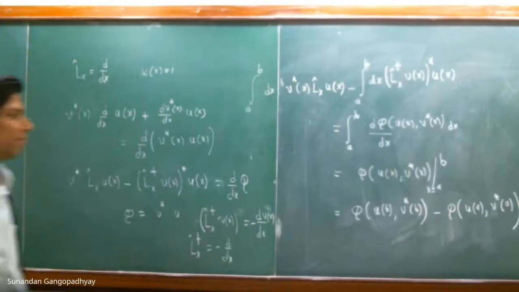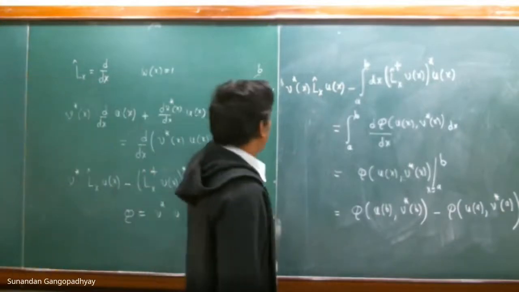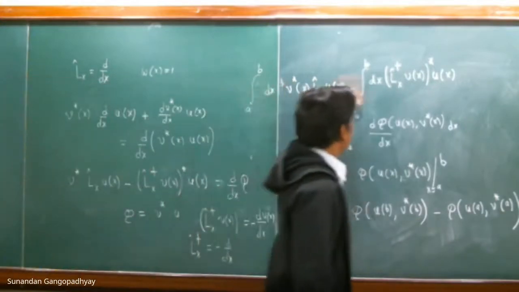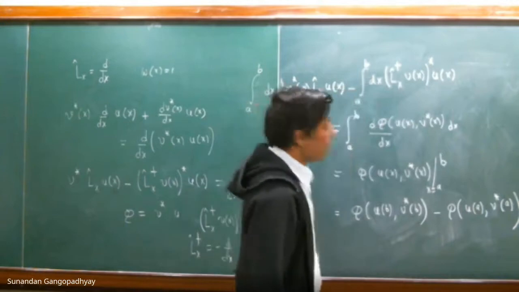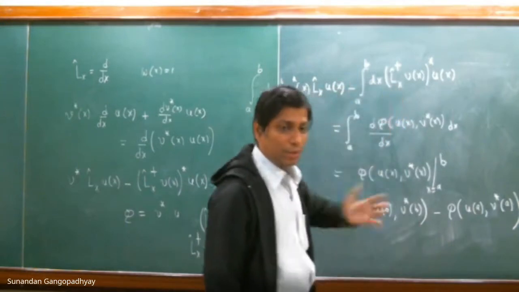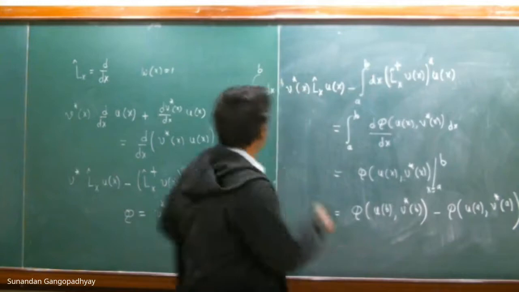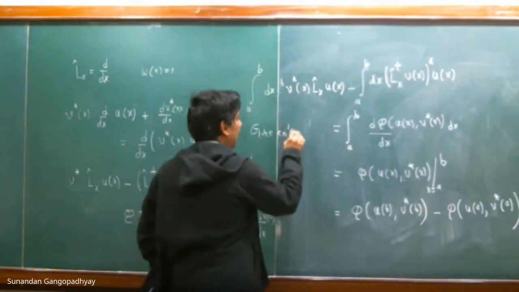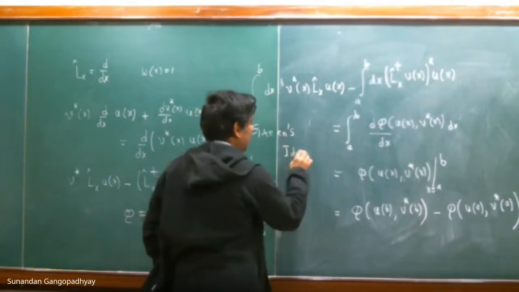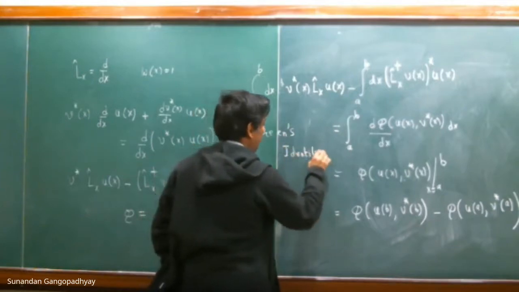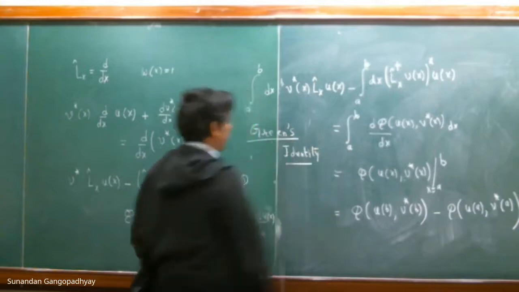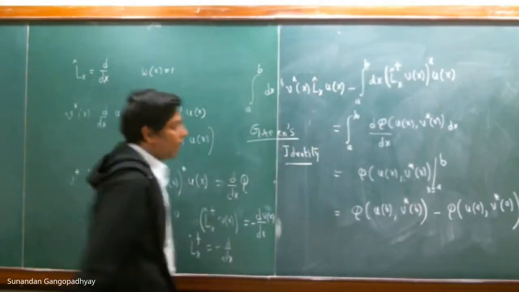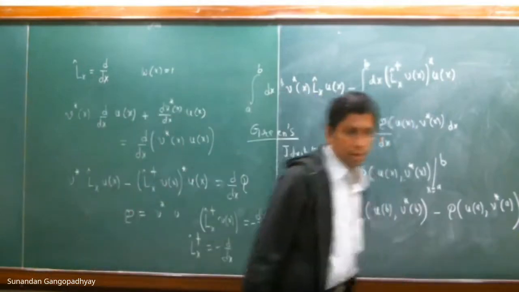So the Lagrange identity, this minus this, you have integrated over the closed interval a to b. So this gives you the Green's identity, and that is equal to this thing.